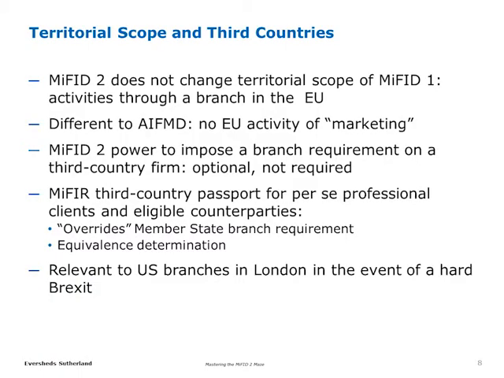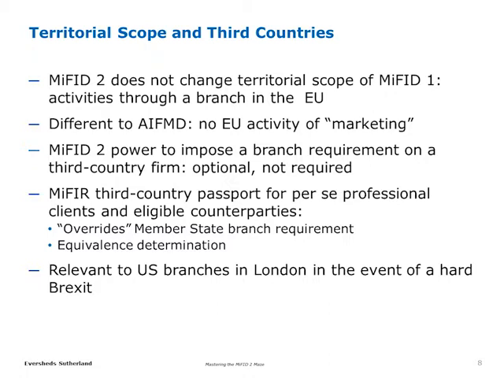Now, the first point to note, and this is important, is that MiFID II does not change the territorial scope of MiFID I. The focus is still very much on activities which are carried on through a branch in the EU.